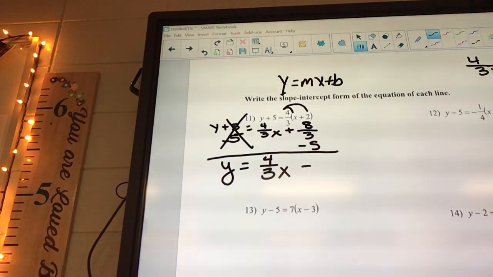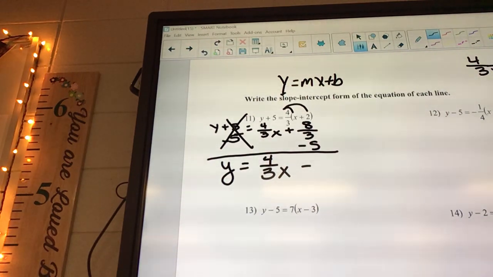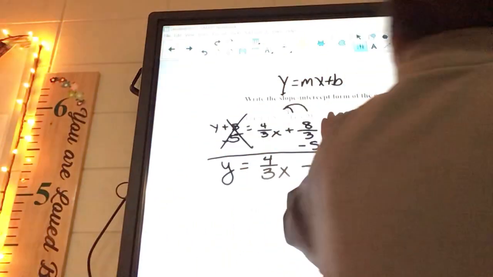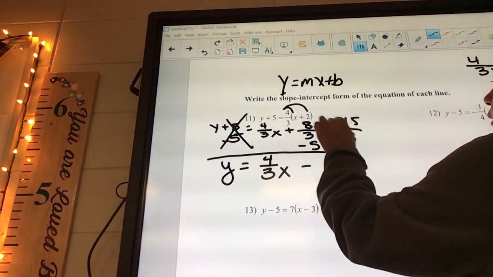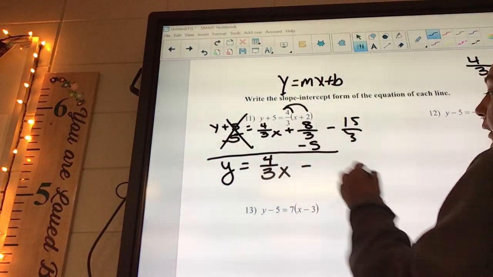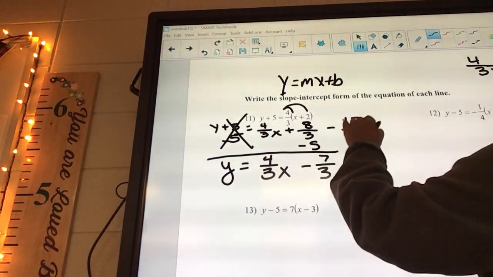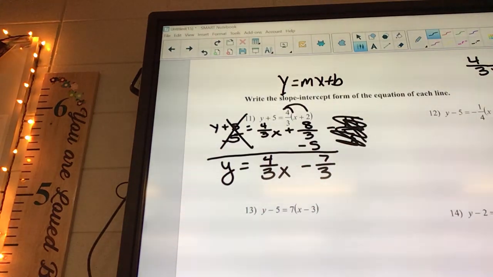Yeah, it doesn't seem like it would be the correct answer. That would take too long. I hate expressions like that. 5, 15, so that would be 15/3. 8, yeah, it is 7/3. Ignore that, I was doing math in my head.